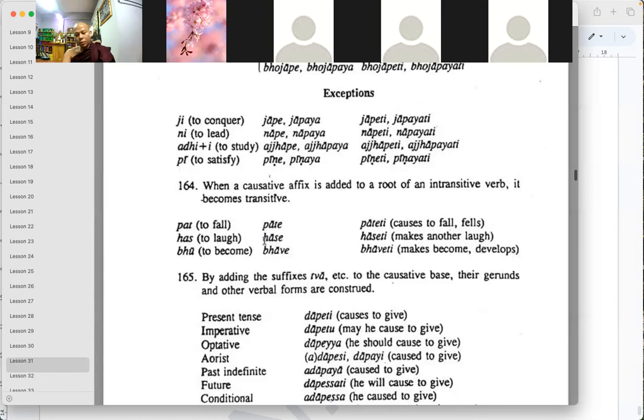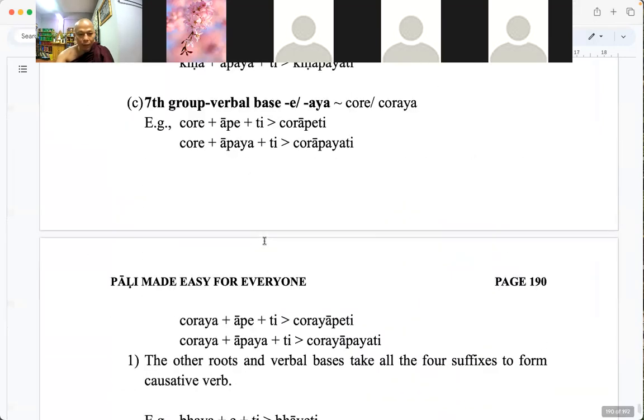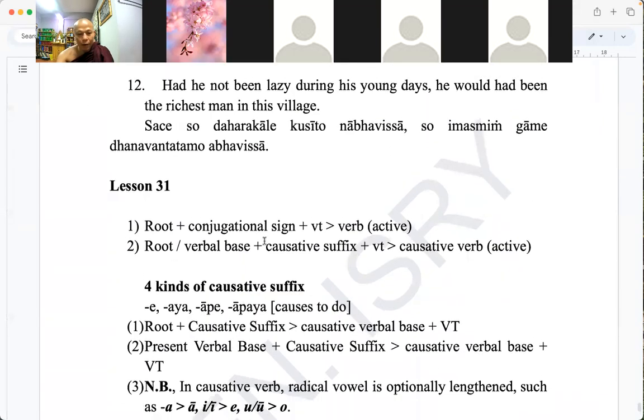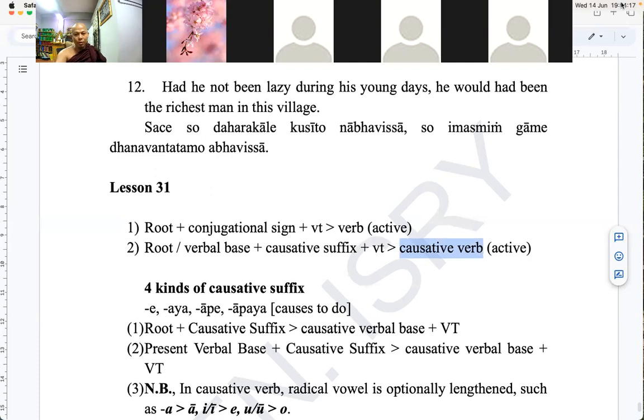Like at the very beginning I introduced, firstly we learn one kind of verb, that is active verb. That active verb also can form the gerund and the infinitive and the present participle, past participle and so on. The same way the causative verb also can form gerund, infinitive, present participle, past participle, and so on.